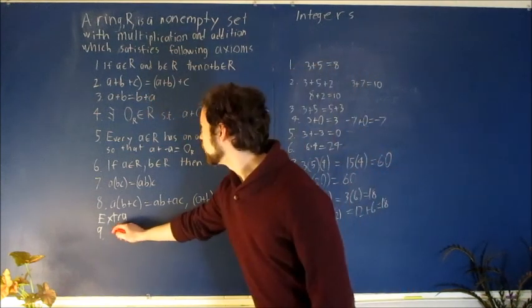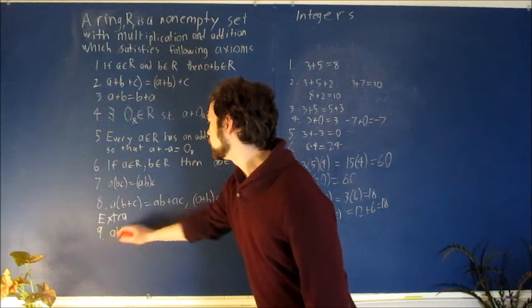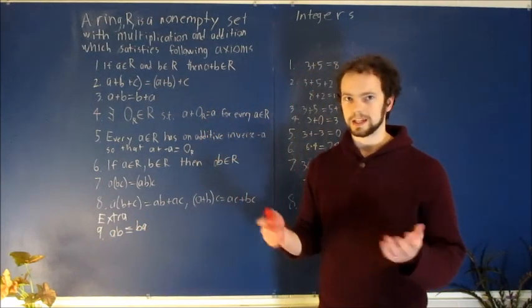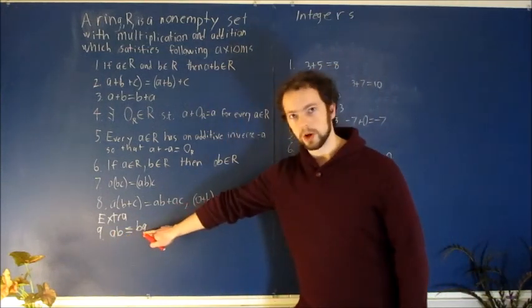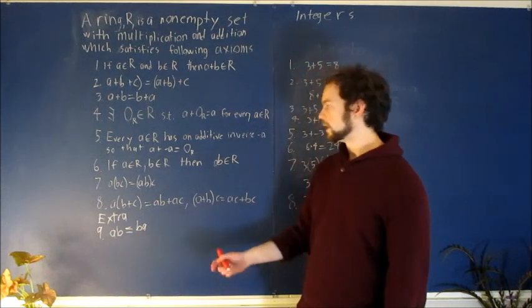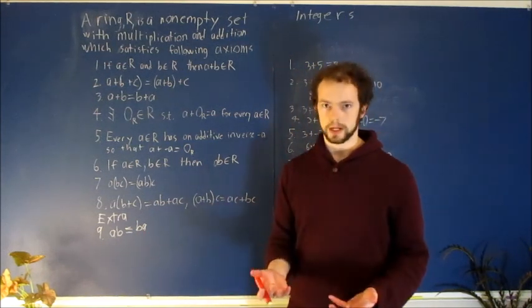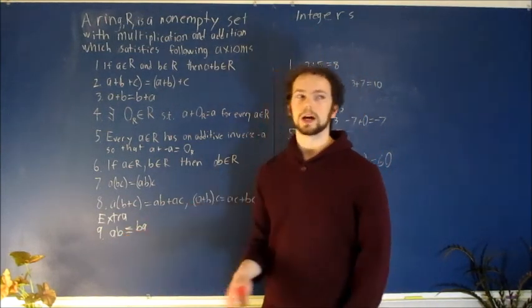That would be AB equals BA for every A and B in R. If this is also true, then the ring is usually called a commutative ring. Not all rings have this property, but a lot of them do.